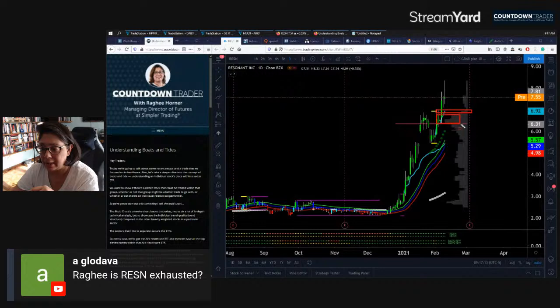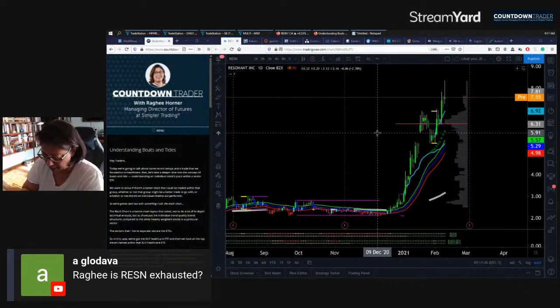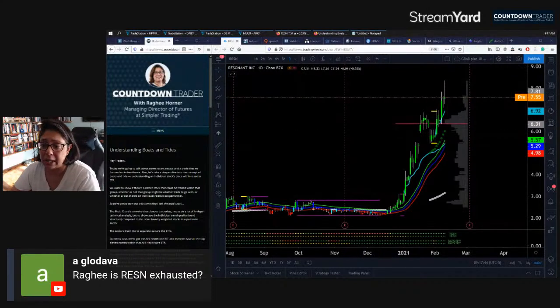And then you've got a nice layer of volume and the point of control. Once again, volume, point of control. That's a nice layer right there. Inexpensive name. I wouldn't short it with the structure, but nice looking stock. RESN, cool. But that's what I would do. Focus on those volume levels and a slight pullback, even something as aggressive as the VWAP.